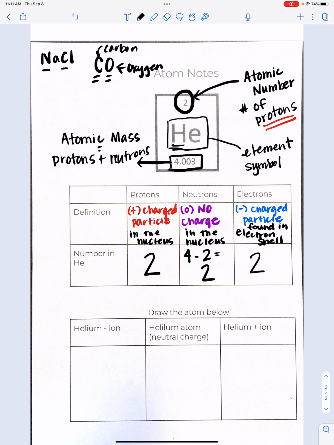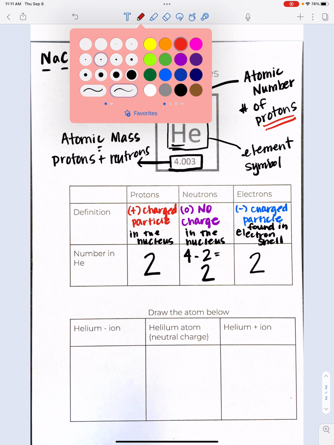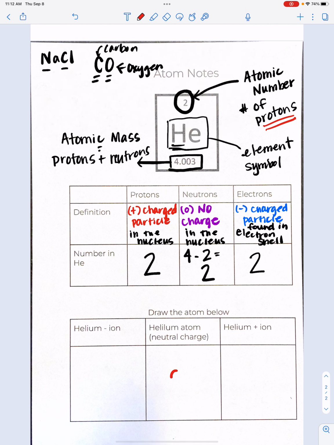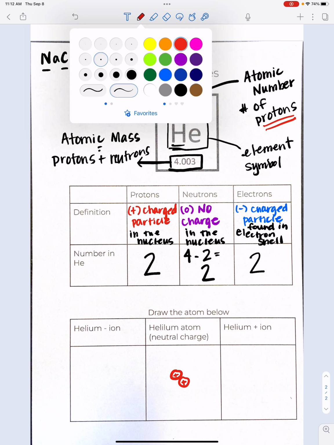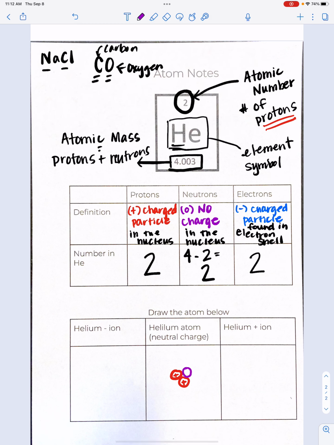Okay, hopefully you drew something that looked similar to this. If I'm going to be using red for protons, I might have a positive symbol and a positive symbol, and then my neutrons are just going to be empty.